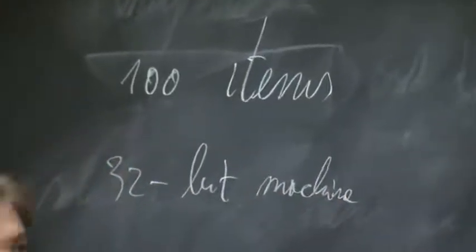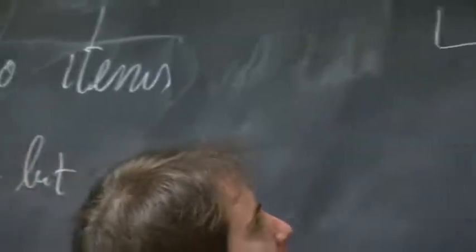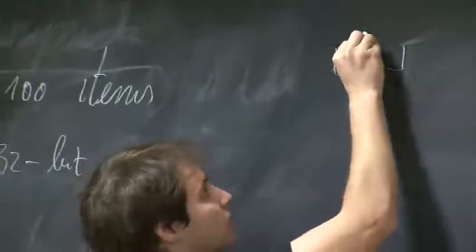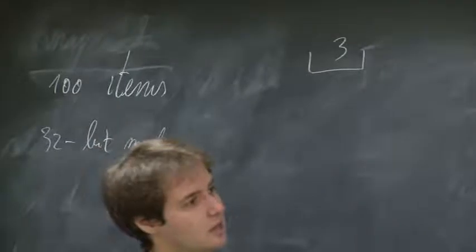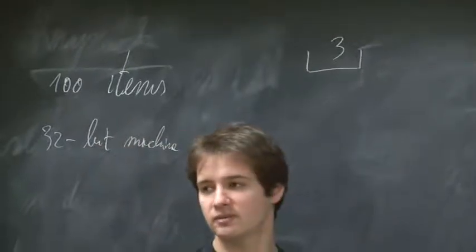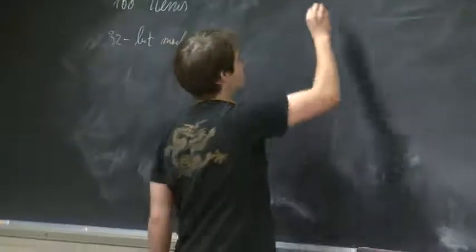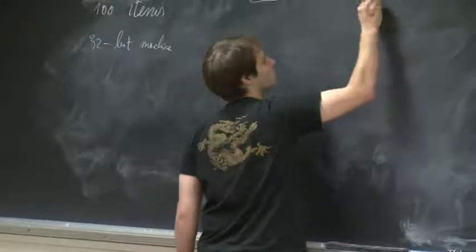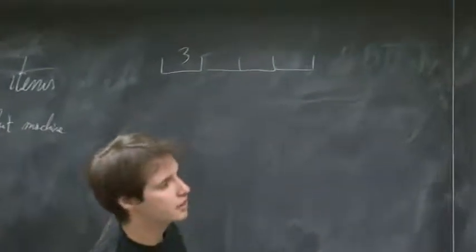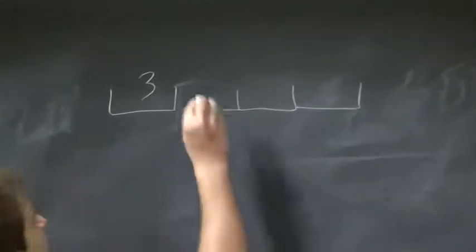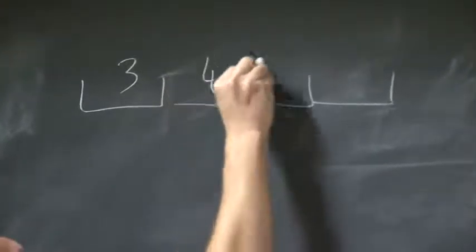An input looks like this, by the way. How many elements do you have? 3. And then for each item, what's the weight and what's the value? So we're going to have 3 weights, which I believe are 4, 2, 3.